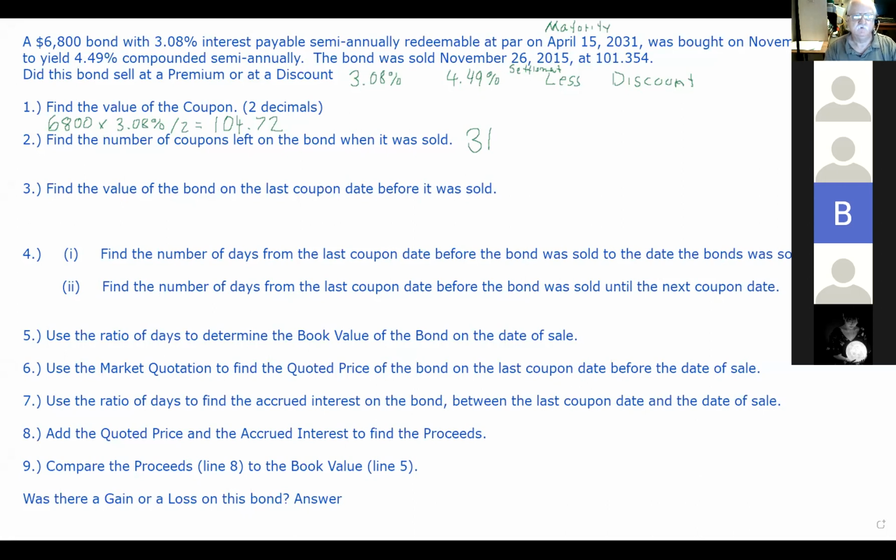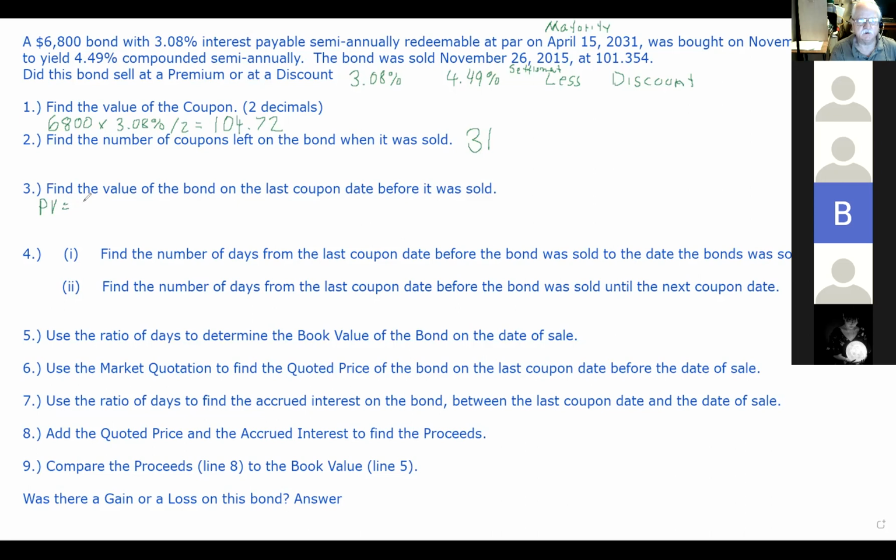And find the value of the coupon on the last coupon date before it was sold. So this is a two-part process because we have to find the present value of the coupon, oh no, the present value of the bond itself and the present value of the coupon stream. So let's work on that.